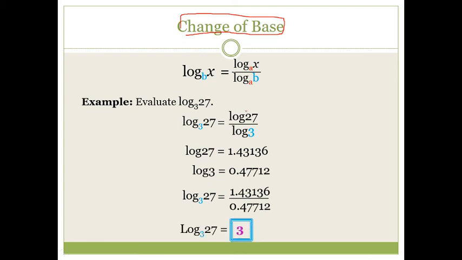Now we didn't need the change of base formula to calculate this one, because 3 to the third power is 27. But like I said, if this was a 15, then you would calculate log of 15 divided by log of 3 on your calculator. So just remember the bigger number is the one on top, and the base is on bottom.